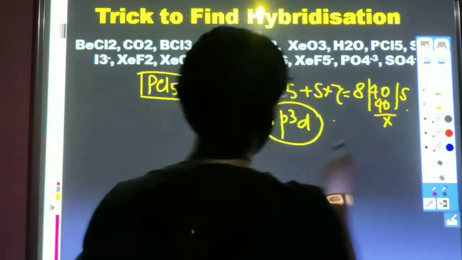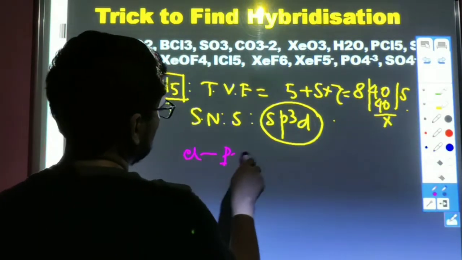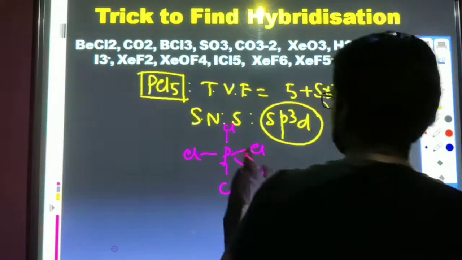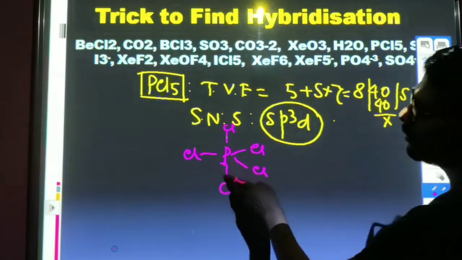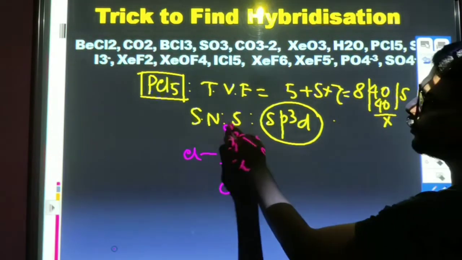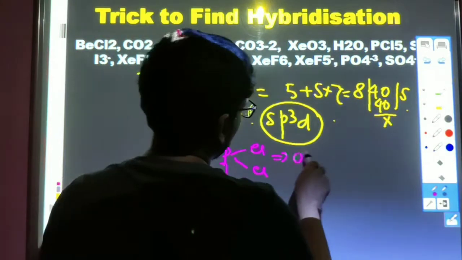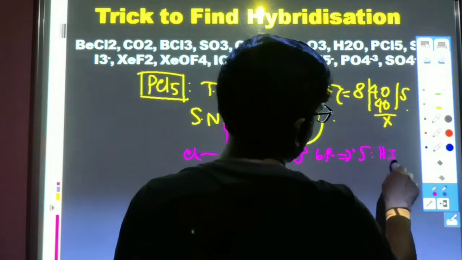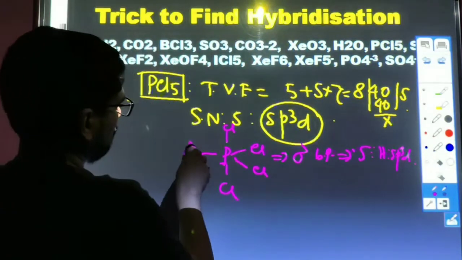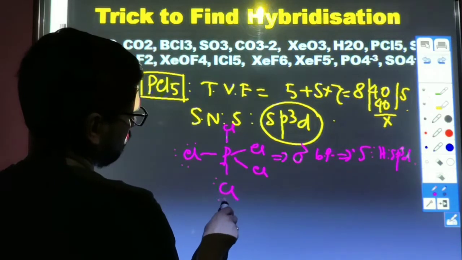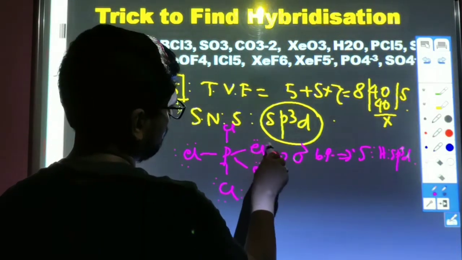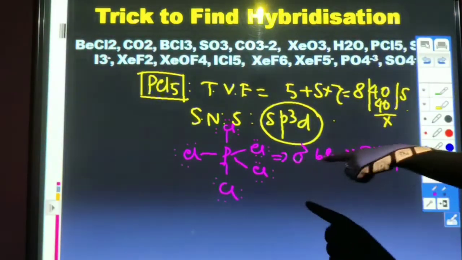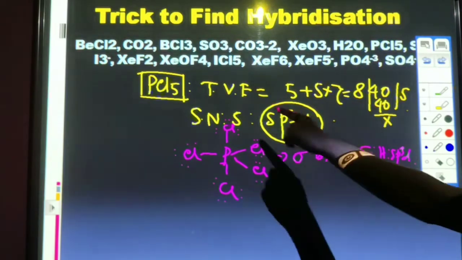For PCl5, okay, this is phosphorus, Cl, Cl, Cl, Cl, Cl. So phosphorus forms 5 sigma bonds with 5 Cl. 1 2 3 4 5. That's why sigma bond pair is equal to 5, and that's why hybridization is sp3d. Done. This is the structure for PCl5 and hybridization of phosphorus in PCl5.